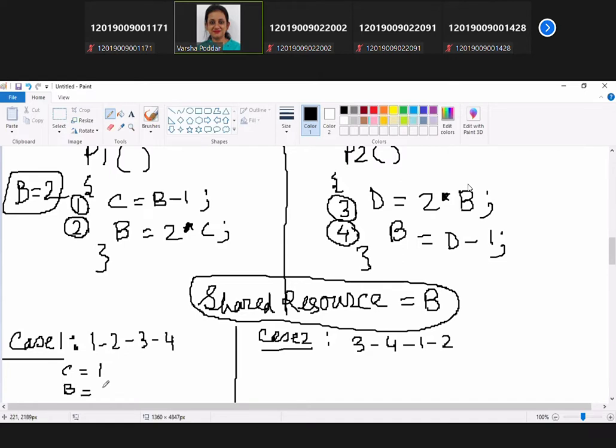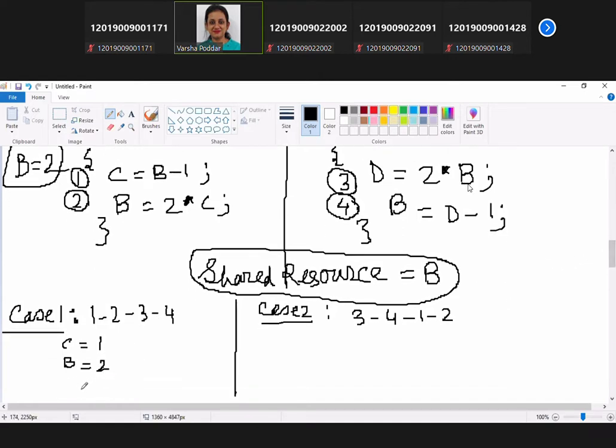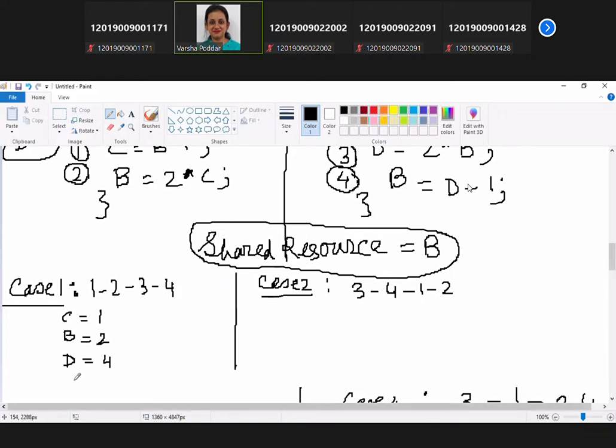B equals to 2 into C, that is 2. Then 3, D equals to 2 into B, that is 4. And B equals to D minus 1, that is 3. So from this case, you are getting 3.